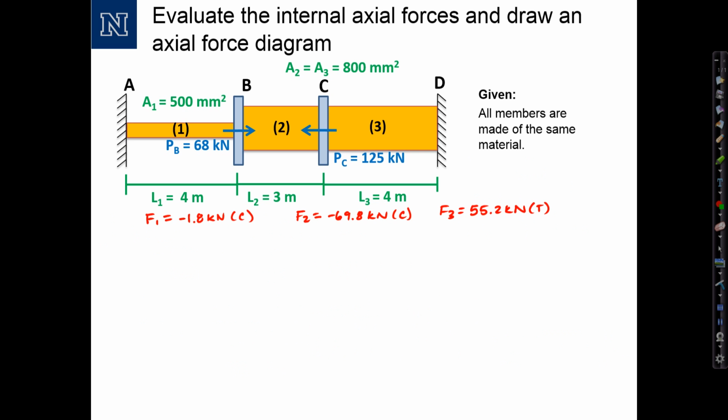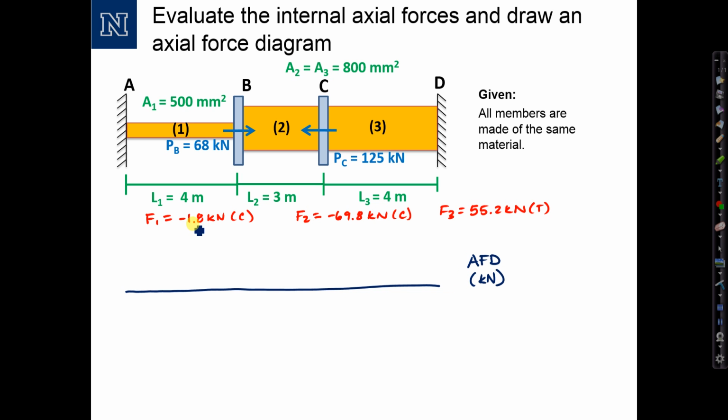Finally, the last part of the problem, we're asked to draw the axial force diagram. I wrote the forces down. This makes it really easy because the internal forces in each segment are the forces we want for the axial force diagram. Don't forget to label it axial force diagram, something like that, and indicate units.